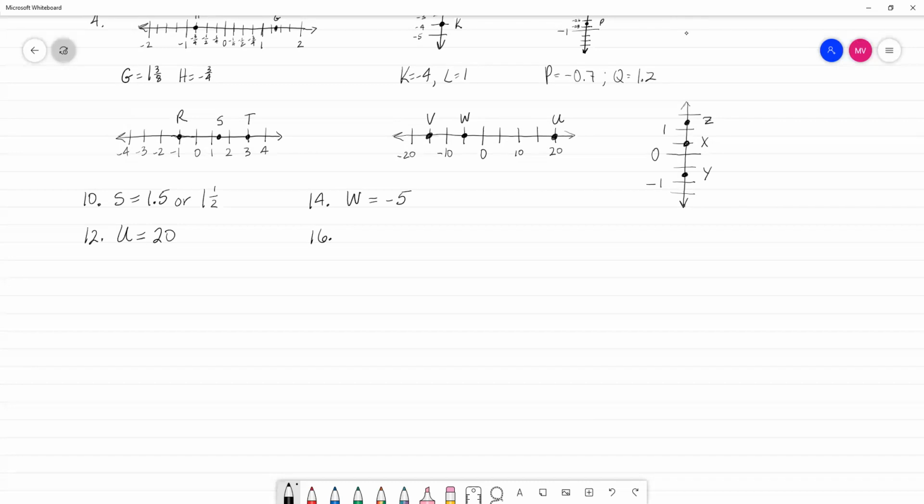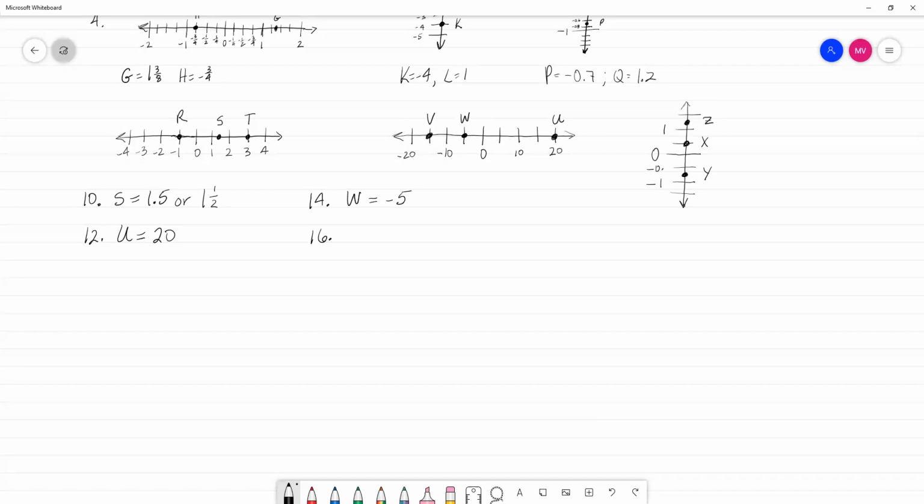And last one is 16, Y. What is Y? All right, so you have 0, and then you have one segment, and then you have -1. So the midpoint between 0 and -1 is -1/2.